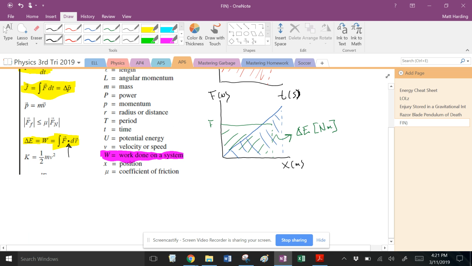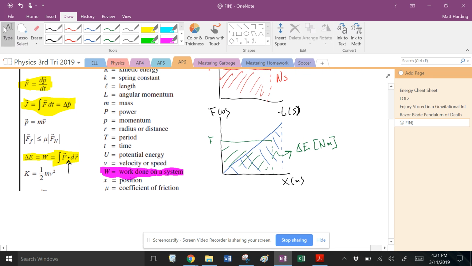And this dot has a special significance as well. When we're doing multiplication with arrow quantities, with vectors, there are a couple different ways that we do that. One of those is called a cross product, and I don't have any examples on here. We'll come around to that eventually. And one is called a dot product. A dot product here is interested in how collinear these arrows are.